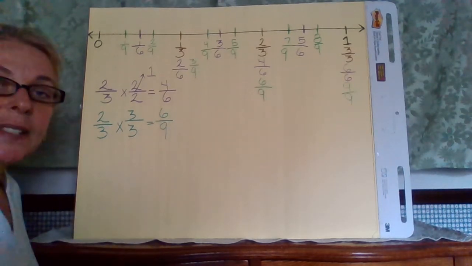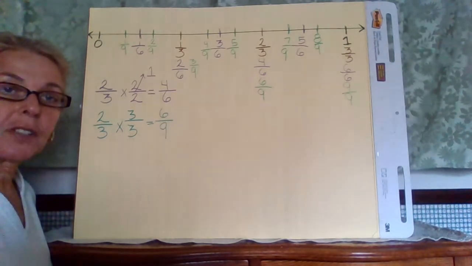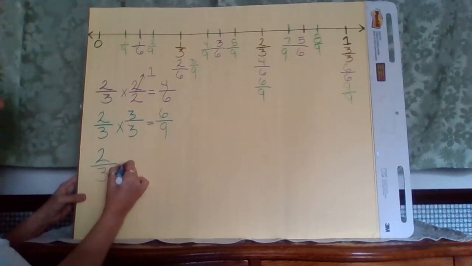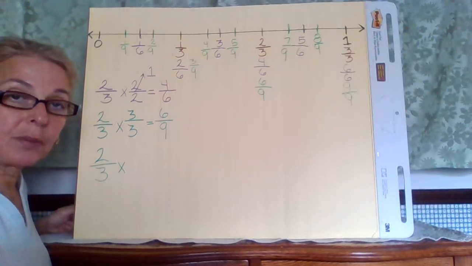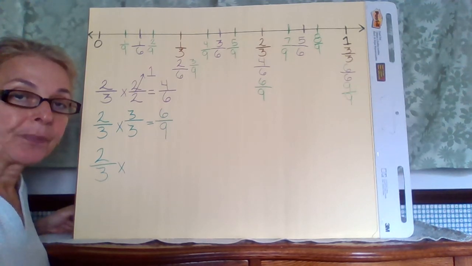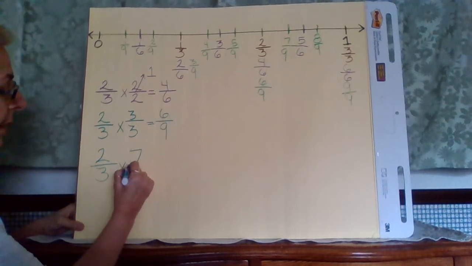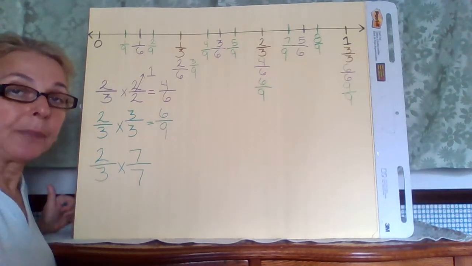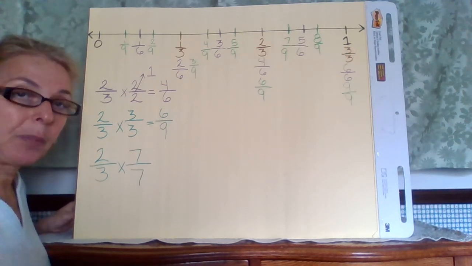So it was a little easier to see it on a number line, but let's see if we can find another equivalent fraction for 2/3. Now, I can pick any number that I want to, as long as I multiply my numerator and denominator by the same number. Okay, so I'm going to pick 7. Now, what I'm saying is instead of dividing my thirds into 3 equal parts, I'm going to divide each third into 7 equal parts.